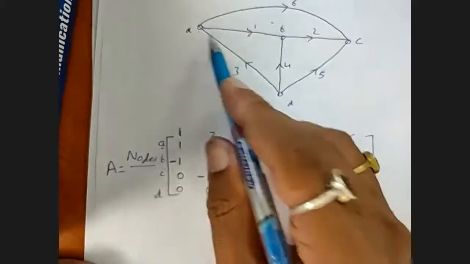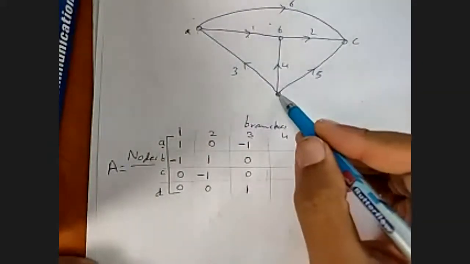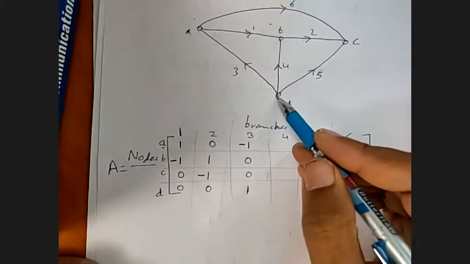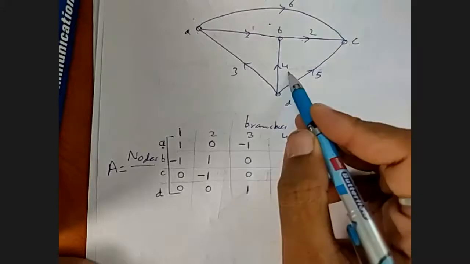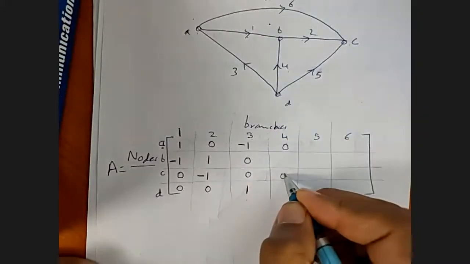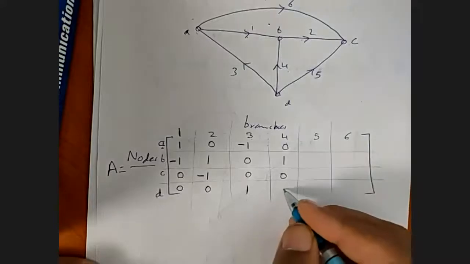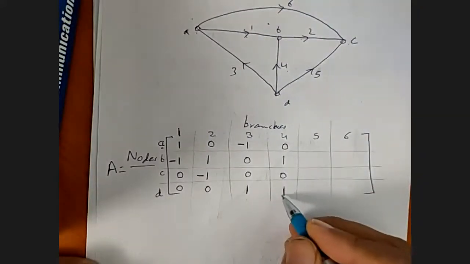At A it is incoming, that means -1, and at D it is outgoing, that means +1.